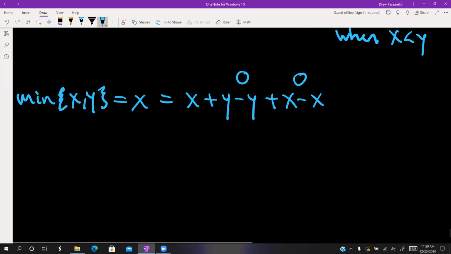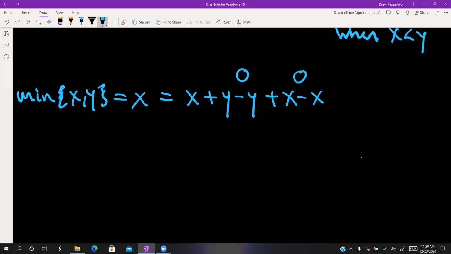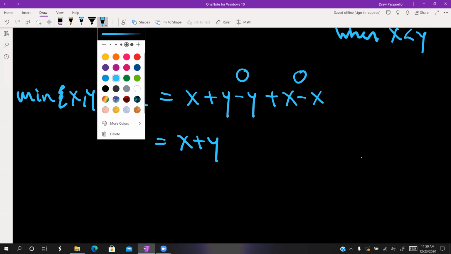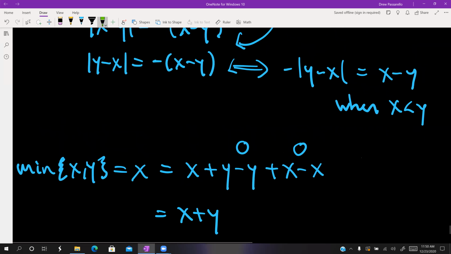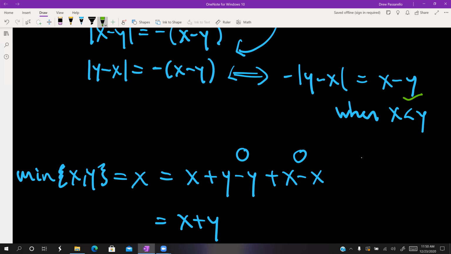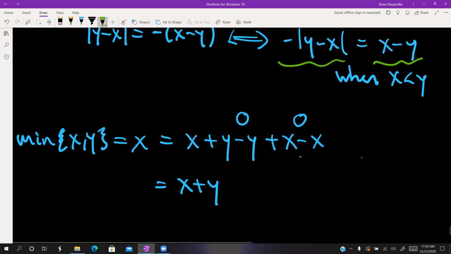So I have the x plus y. And I have minus y plus x and minus x. So notice here, x minus y is the same as minus times the absolute value of y minus x. So I'm going to keep this x and then this minus y. So we plus x minus y. And then I have minus x.